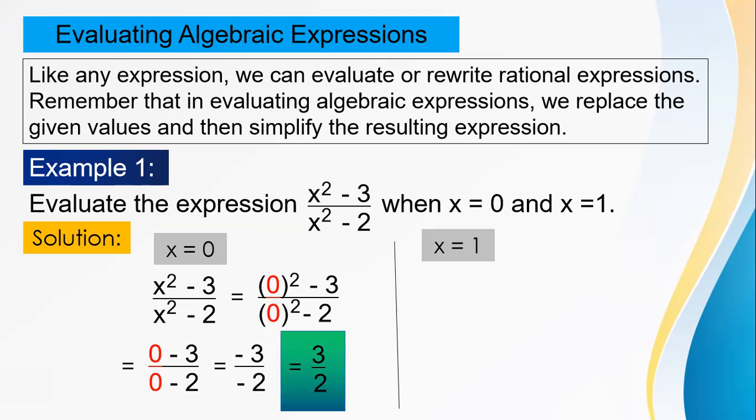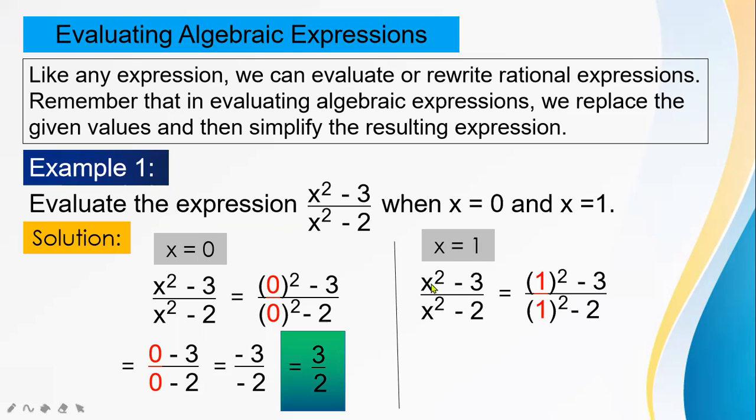Then another one, if your x is equal to 1, what will be the value of the expression using x squared minus 3 over x squared minus 2? So again, papalitan mo lang yung x na 1, then raised to the second power, then yung x again, papalitan mo ng 1.